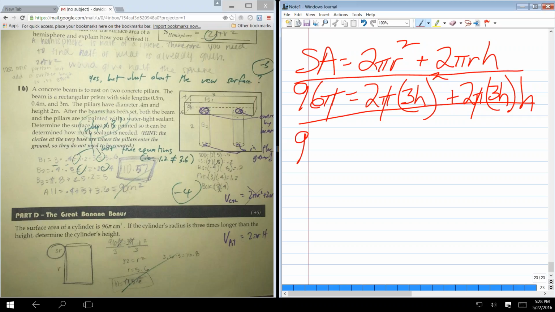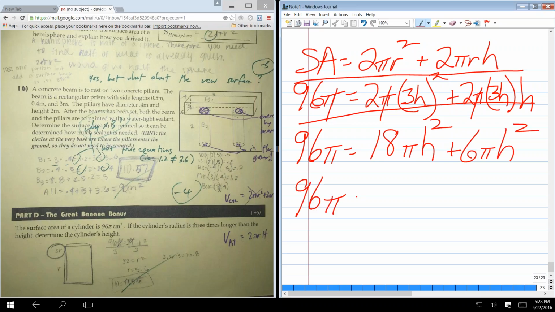Now you have 96 pi equals 18 pi h squared plus 6 pi h squared. So if I have 18 pi h squared and 6 pi h squared, I got 24 pi h squared.